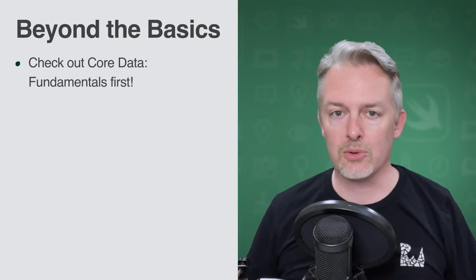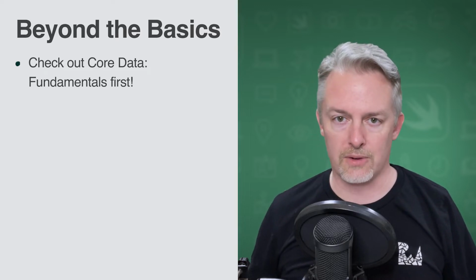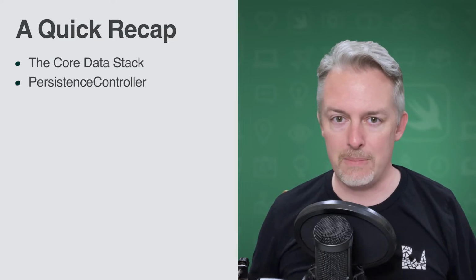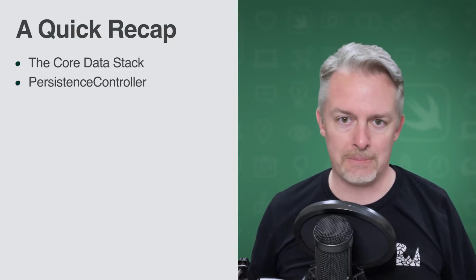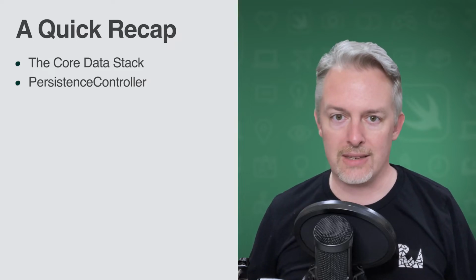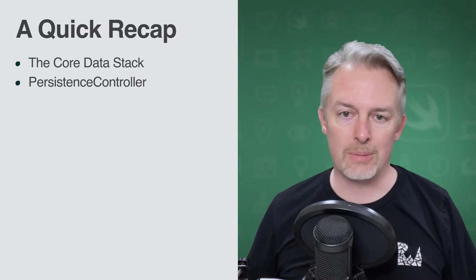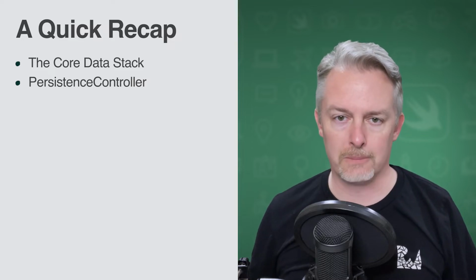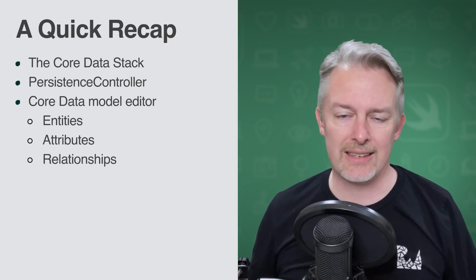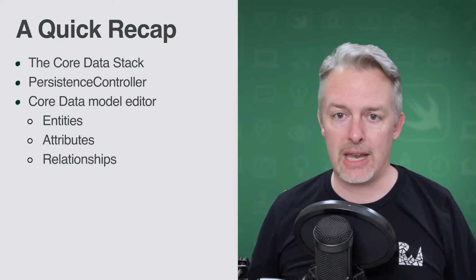Either way, here's a recap of what that course covered. A persistence controller object represents the classes that make up the core data stack. If you use the core data template in Xcode, the template places the persistence controller in the persistence.swift file. You use the core data model editor to define entities that represent the objects in your database.